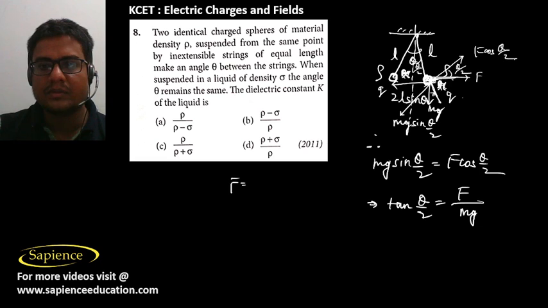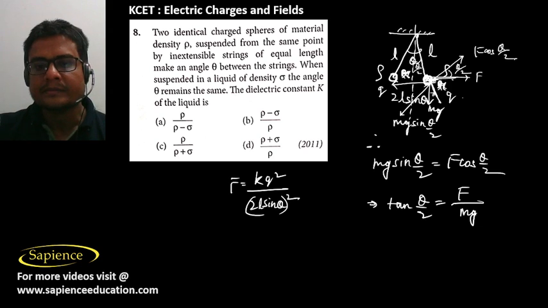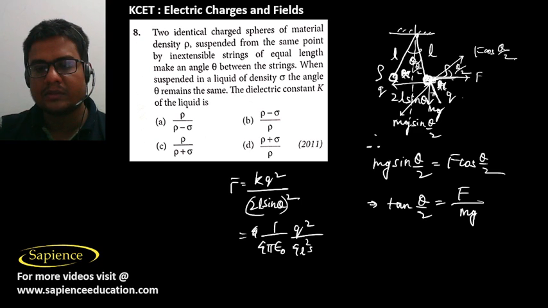The force is equal to kq square by r square, which is 2l sine theta whole square, which is equal to 1 by 4 pi epsilon naught q square by 4l square sine square theta.